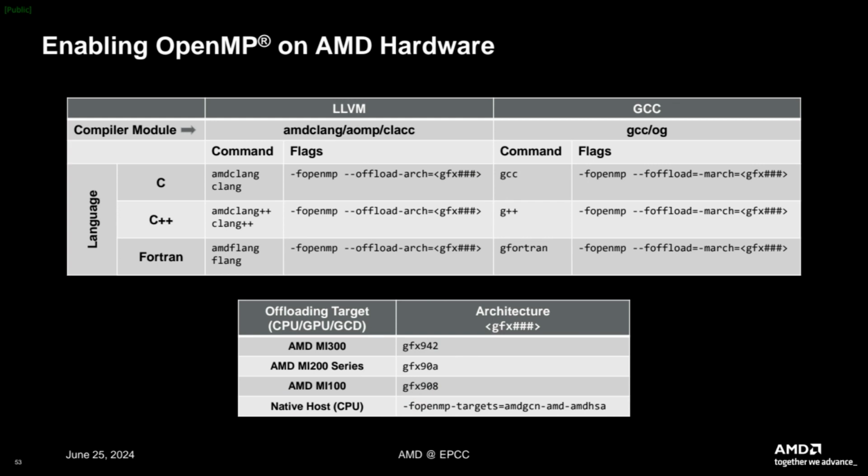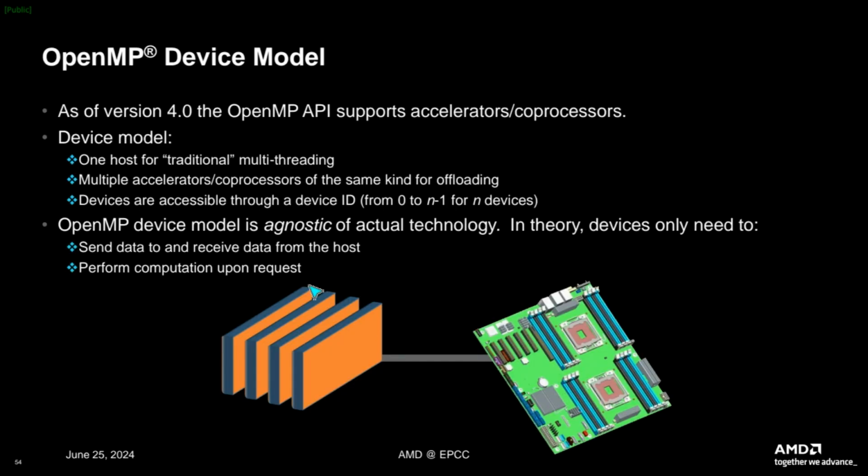And the idea still is this host and device model. It's embedded in the OpenMP pragma structure as well. Device generally means GPU, but the device really could be anything, at least in concept, including an FPGA or even another CPU.